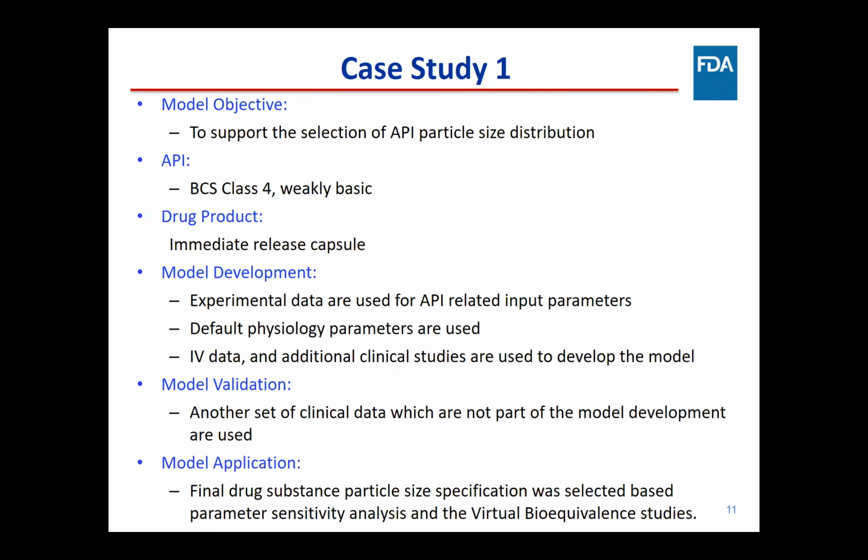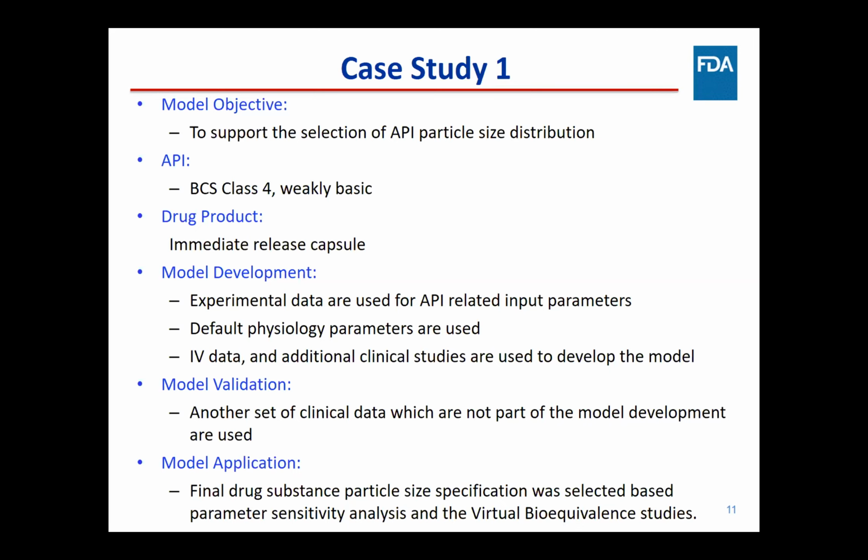Here's the case study. The objective of the model in this case study was to support the selection of API particle size distribution. API was a BCS class 4 weakly basic compound for an immediate release drug product. Model development was conducted with experimental data used for API-related input parameters.